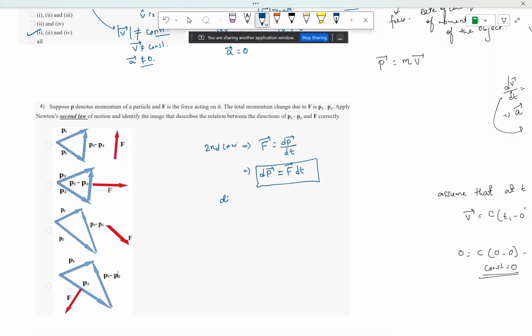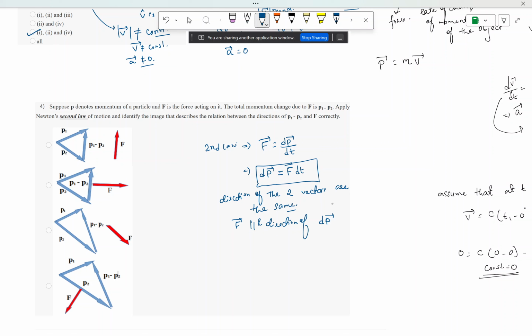So the directions of the two vectors are the same on both sides. That means the F vector will be parallel to the direction of the dp vector, which is the change in momentum vector.